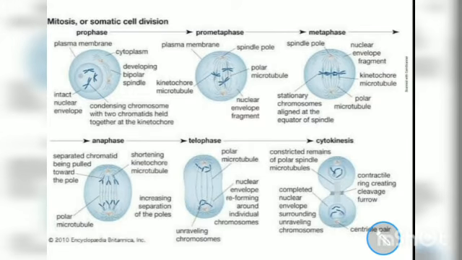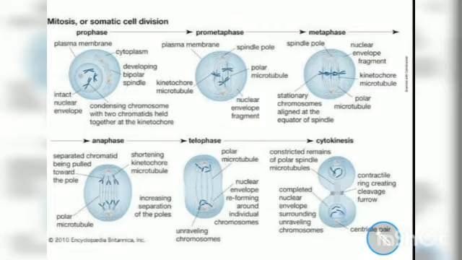Look at here, we are going to discuss the first type of cell division that occurs in your somatic cells. It is known as mitosis. Otherwise it is called equational division, because during this division each daughter cell receives the same number of chromosomes and the same characters as the original cell. Here daughter cell means the new cells that form from the original mother cell, and it has four main stages that we have already discussed.